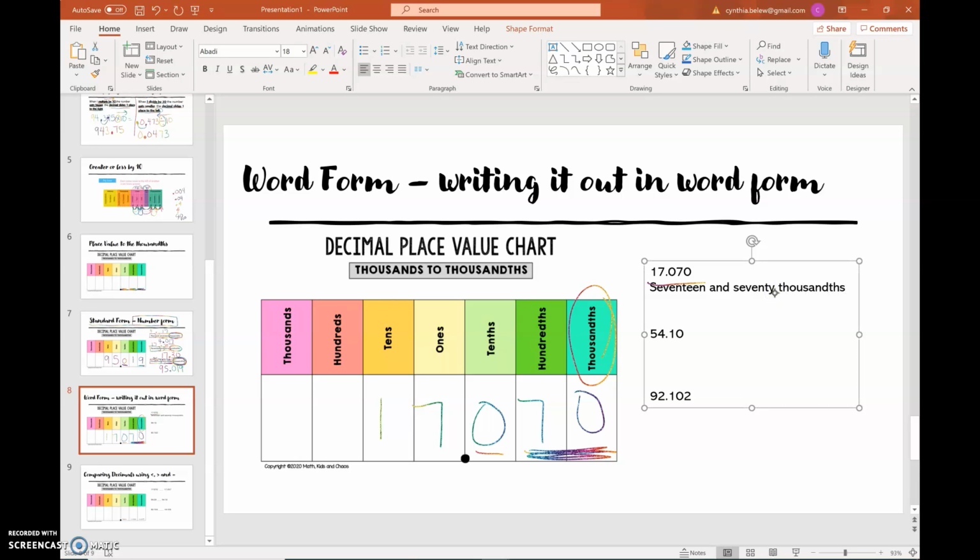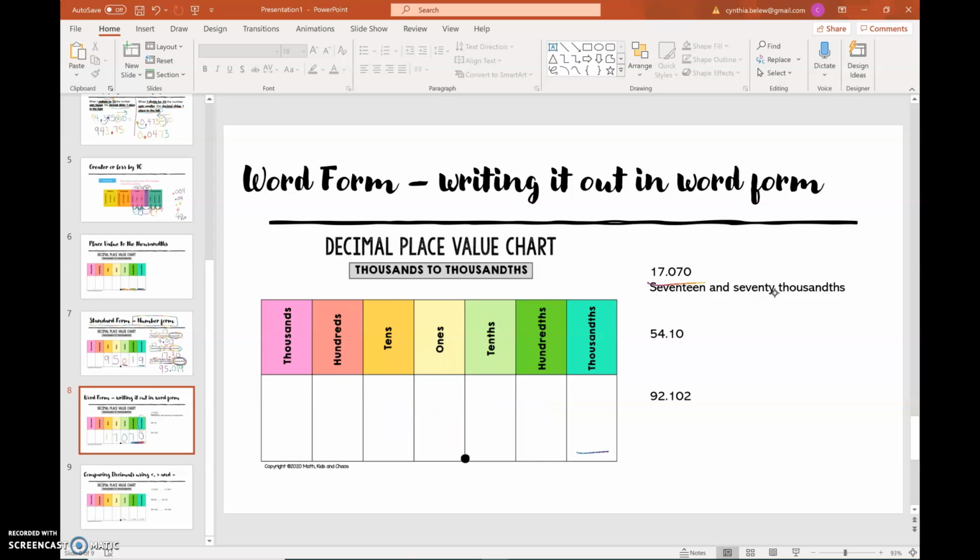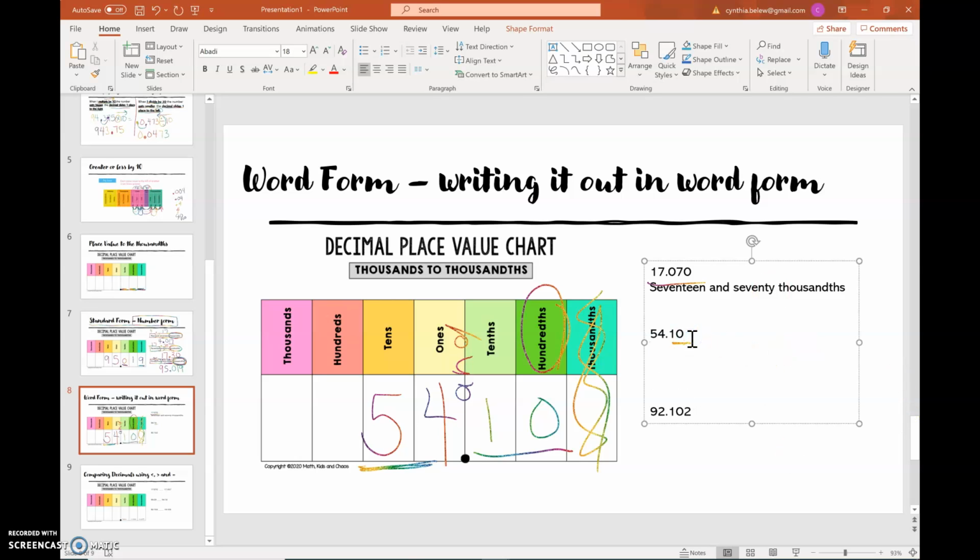I can do the same thing with the next one. So I have to put in my whole number, 54, and I only have 2 digits. That means I don't have anything in the thousandths. So this is 54 and 10 hundredths. 54 and 10, then I say the place value, hundredths.